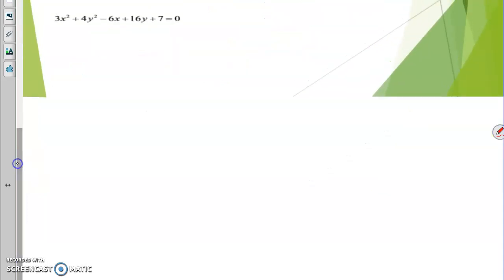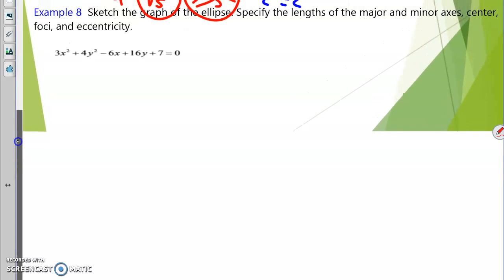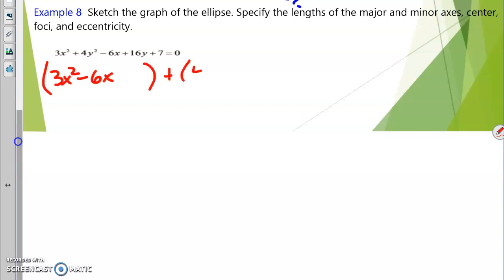We want to find all the same stuff about that one that we found on the other one. So I'm going to have to put it in the standard form of an ellipse, which is that (x minus h) quantity squared thing that I wrote earlier. So I'm going to put that together.